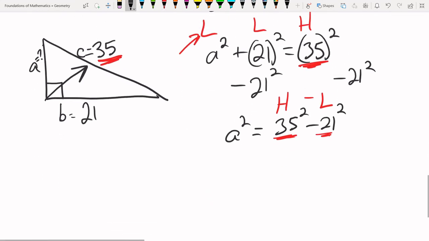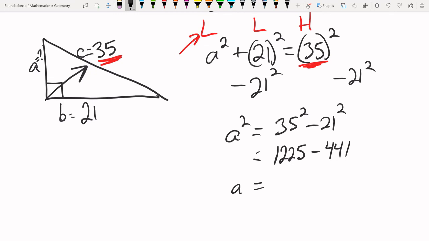If you just use the Pythagorean theorem, and as long as your naming conventions are correct, then you'll have to do the subtraction. There's no other way to solve it. Okay, 35 squared is 1225. 21 squared is 441.